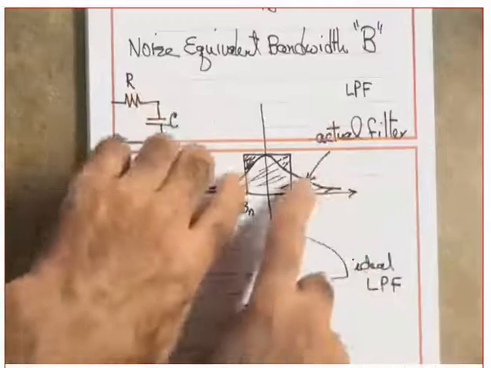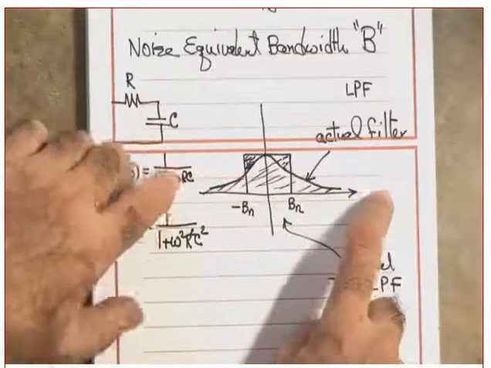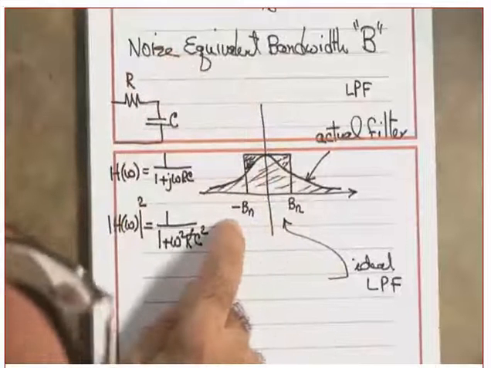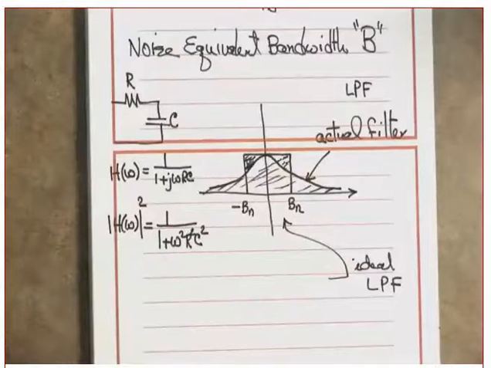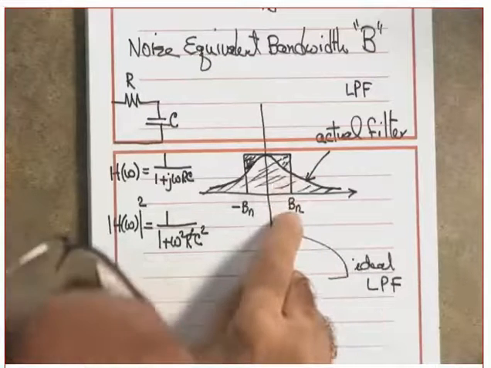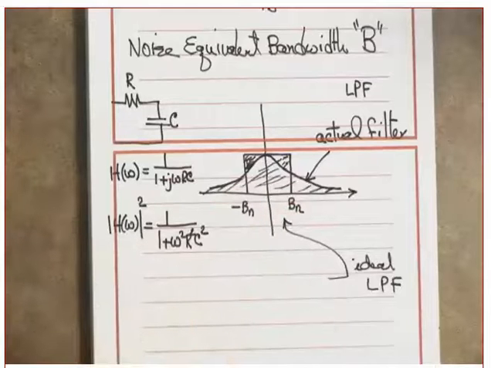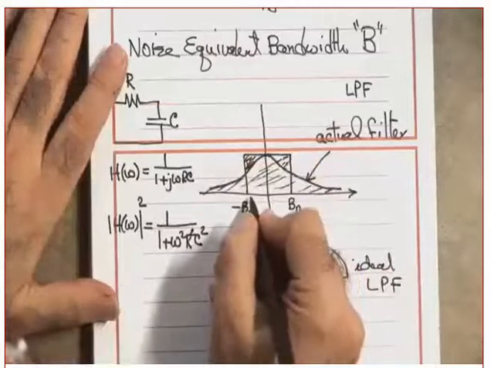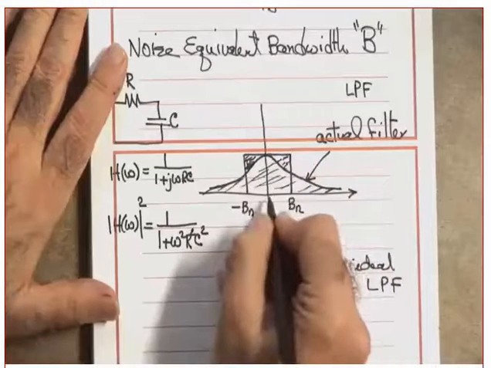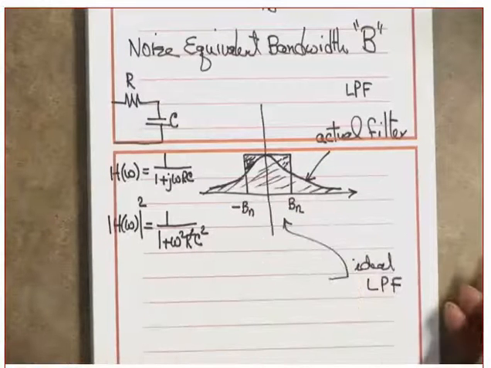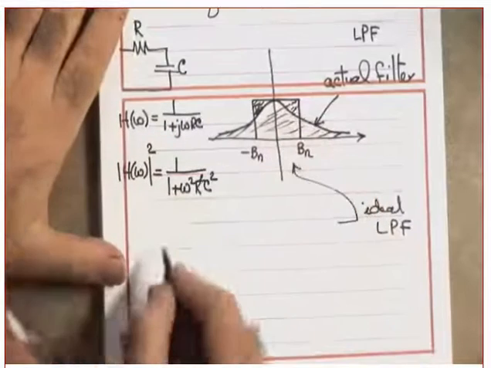After you add those to this, when the noise power under the practical filter is equal to the noise power under the ideal filter, what is the noise power under the ideal filter? It's this value, multiplied by 2Bn. When you calculate the power, you need to take both the negative and the positive. Yes or no?